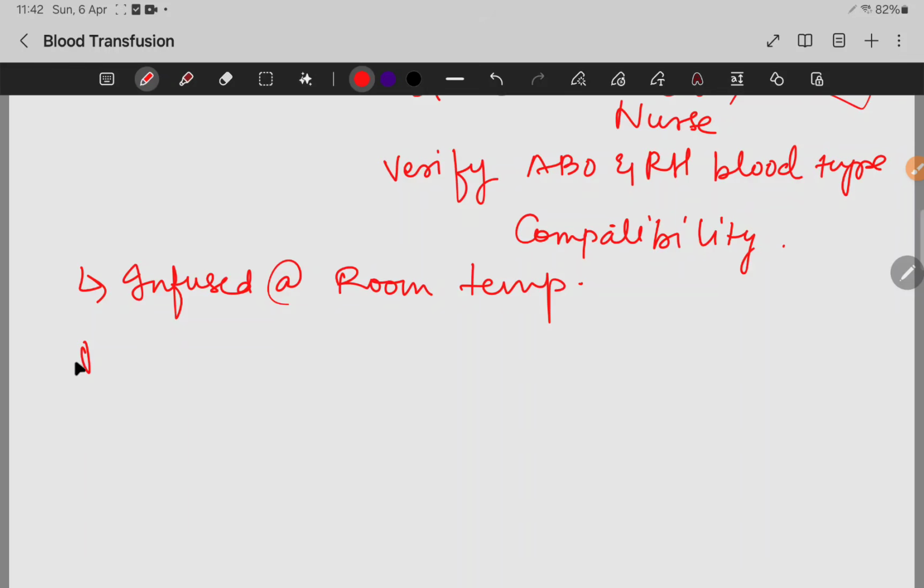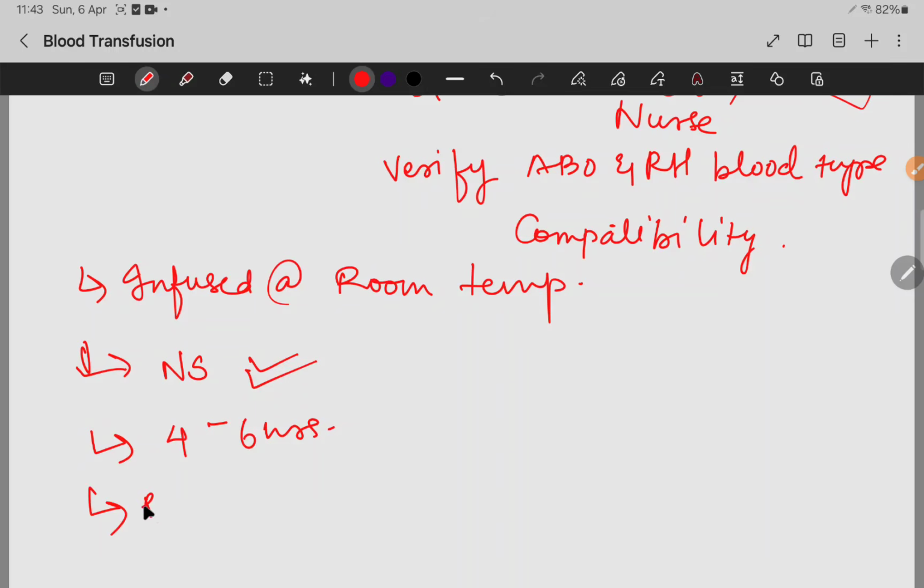So you have to remember that never use any solution or drugs except NS when you are giving a BT. Only NS can be used. You have to complete the BT within 4 to 6 hours after you get it from the blood bank. Once the transfusion begins, the blood is administered within a maximum of 4 hours.